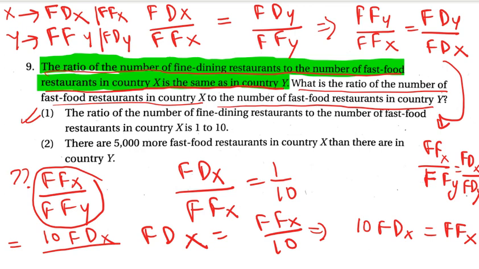Now if you notice what we are doing over here, we have 10 FD of X, then we have FF of Y. Now if FD of X by FF of X is 1 by 10, which is also equal to FD of Y by FF of Y, correct?